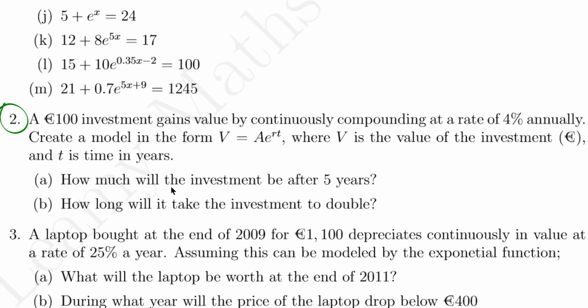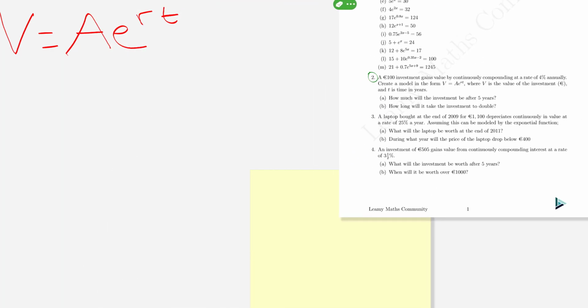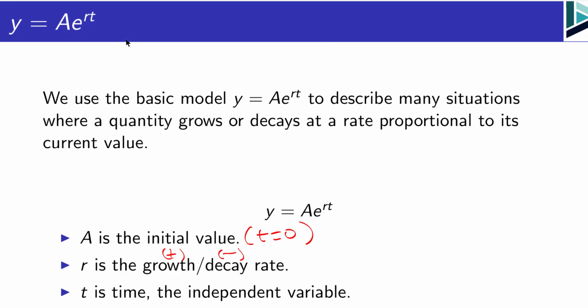In order to figure out how much the investment will be worth after 5 years, and how long it will take the investment to double, we need to create the model first of all, or create the equation or the function that describes this particular situation. So we're dealing with a function of the form V equals Ae to the rt, remembering that A is the initial value and r is the growth or decay rate.